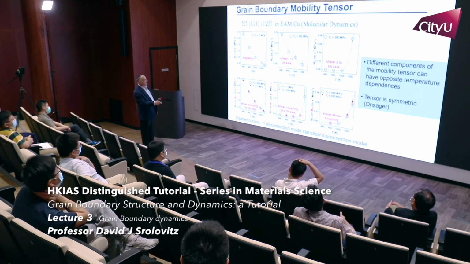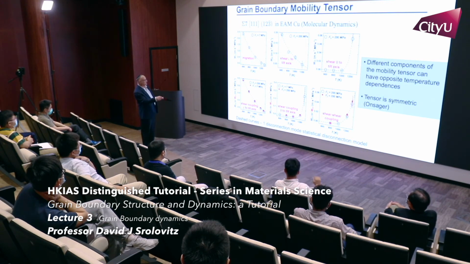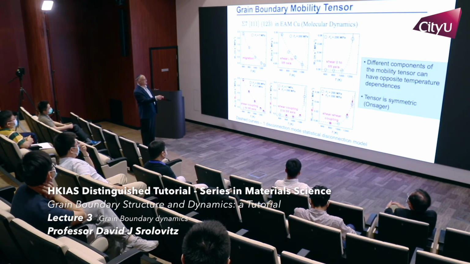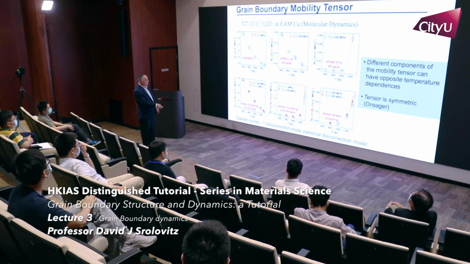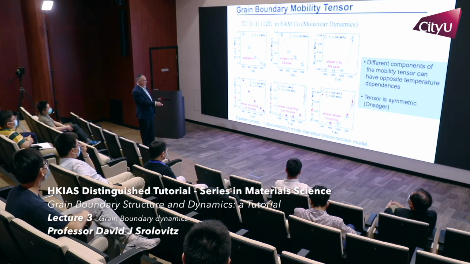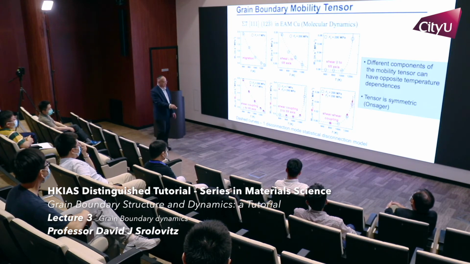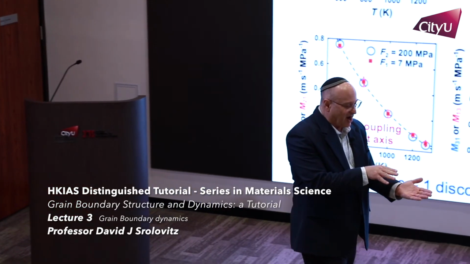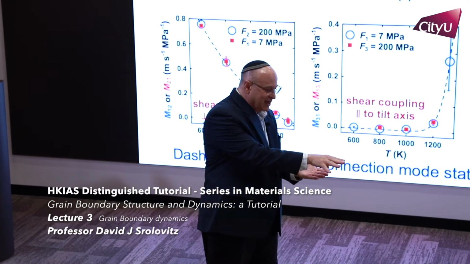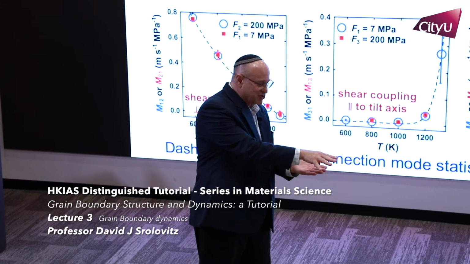And the terms here, let's see. So that's a shear in this direction and the motion in that direction. Where's the one I was looking for? Oh, this is shear-shear coupling, which is interesting. That means I put on a shear stress this way, and the bicrystal shears that way.